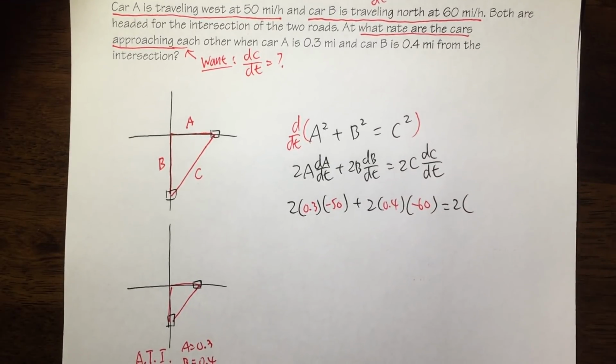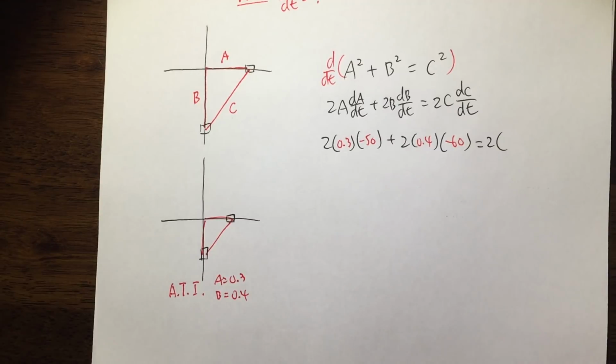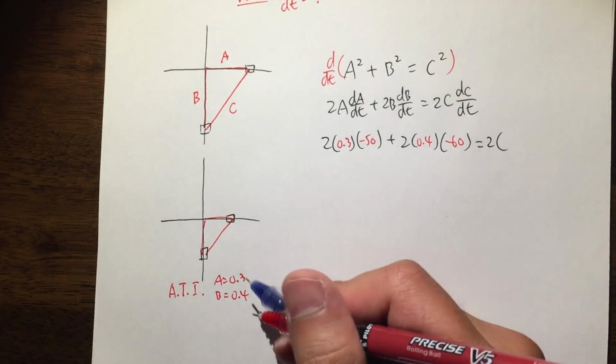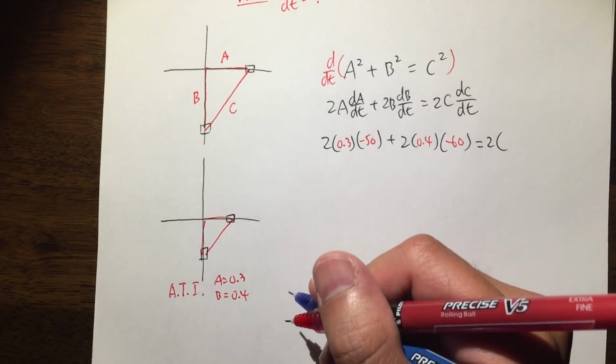C. Well, at the moment now when we have A and B right here, we also need to figure out what C is. I will have to plug into the Pythagorean equation to help me out, right?